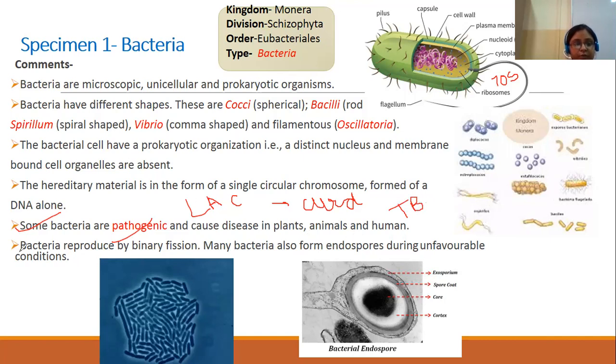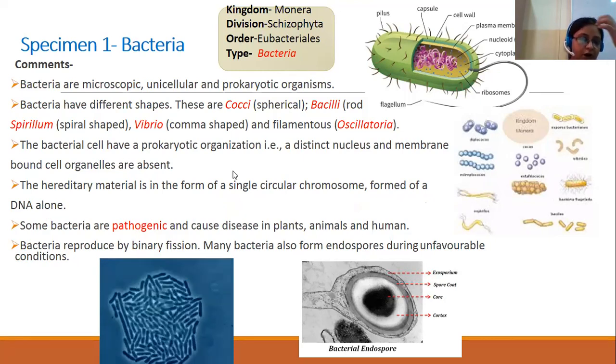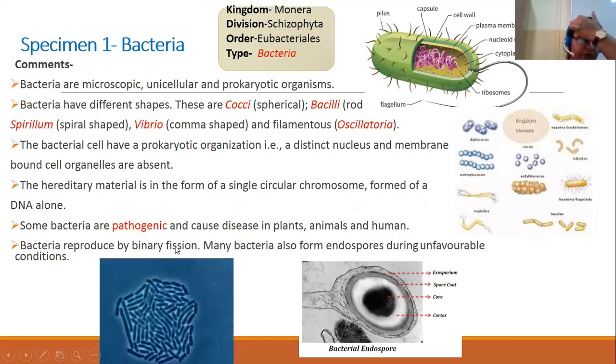Then next comes reproduction. How do these bacteria reproduce? See, these bacteria reproduce by asexual reproduction, that is called binary fission. So here in this slide you can see how these bacteria are multiplying so fast.